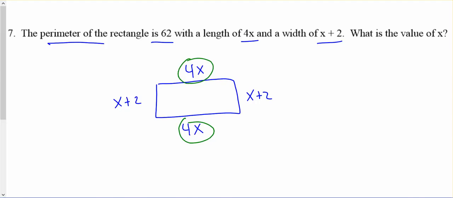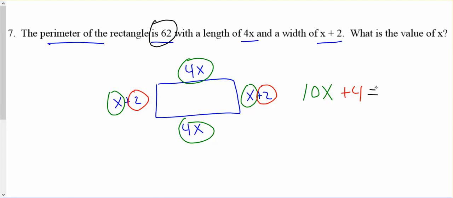4x and 4x makes 8x, and x makes 9x, and another x makes 10x, and 2 and 2 makes 4, and that's going to equal 62. So now we can solve this.